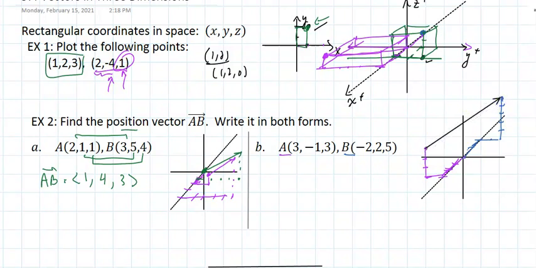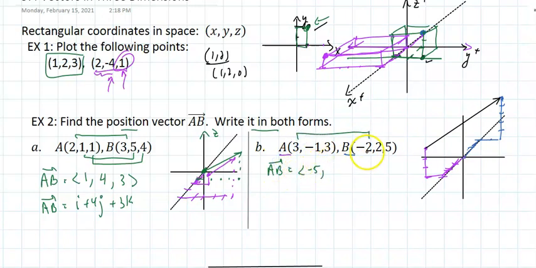If I wanted to find this vector in standard form, by the way, I forgot to write, it says write it in both forms. You could also say AB equals i plus 4j, and the z direction takes k. Similarly here I could say, well, vector AB is actually end minus beginning, end minus beginning, and end minus beginning.